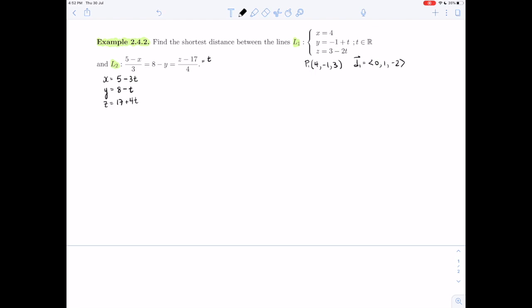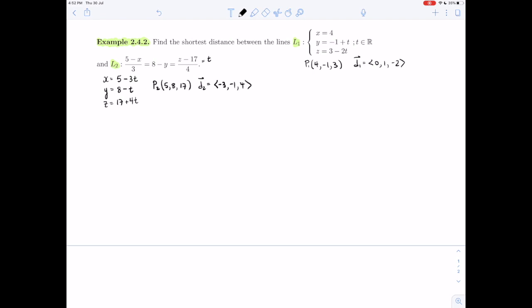And so we can see a point on L2, the point 5, 8, 17, and we can see the direction vector for L2, minus 3, minus 1, 4.